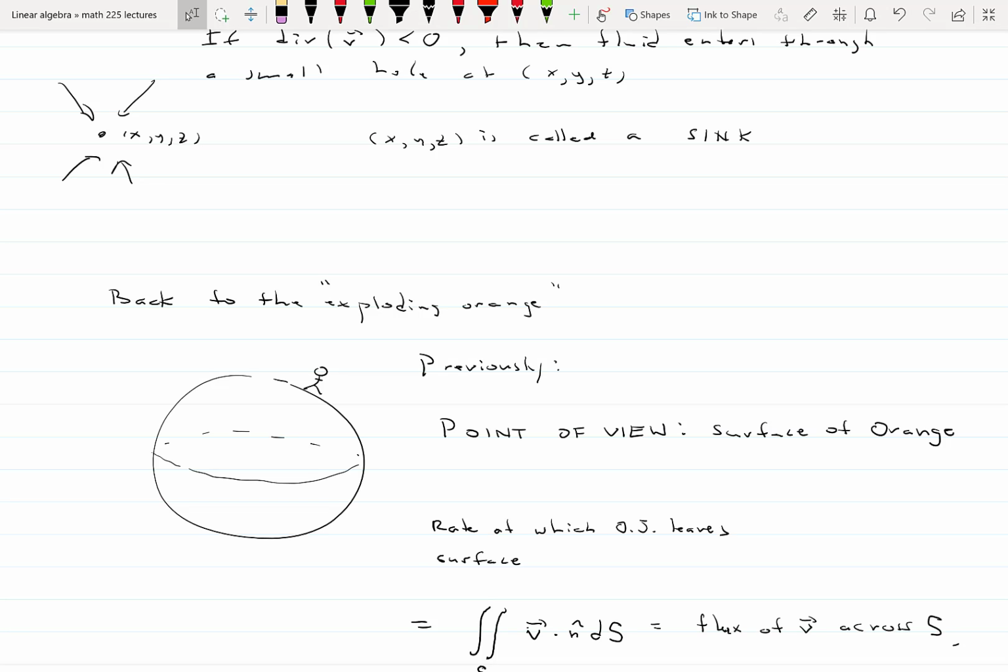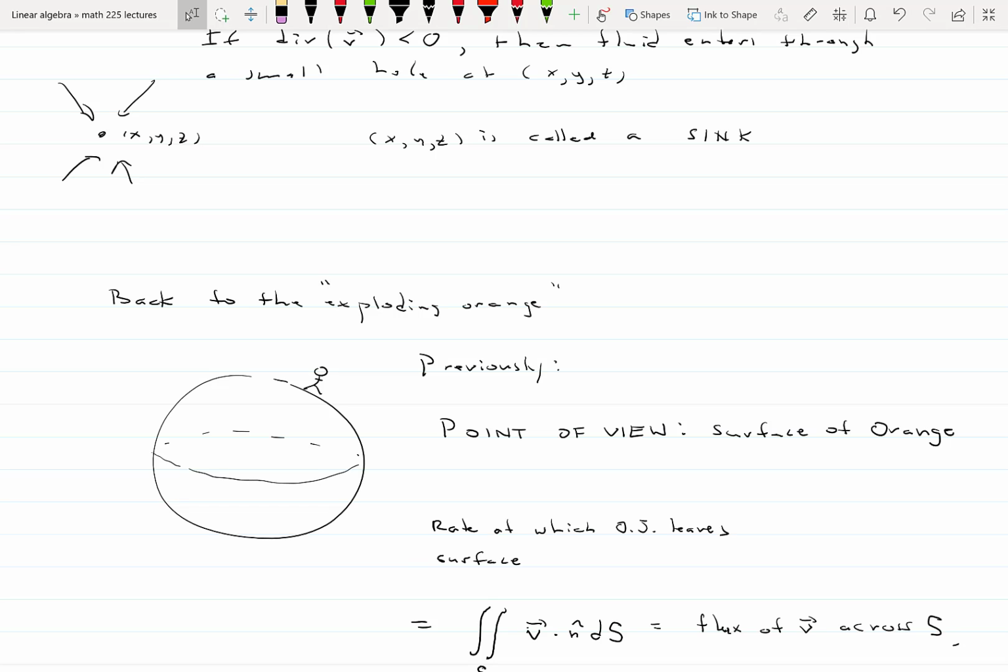Previously, we imagined a little person was standing on the outside of the orange. The person has no possible view of what's going on inside the orange, except for maybe getting information by noting what's passing through the surface. All that person can do is observe what's coming across the surface, and has no idea of what's going on inside the orange.